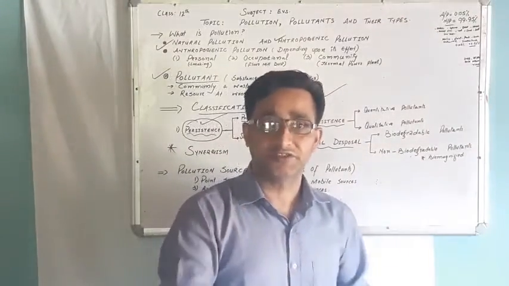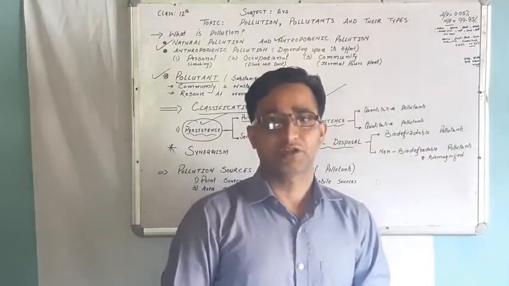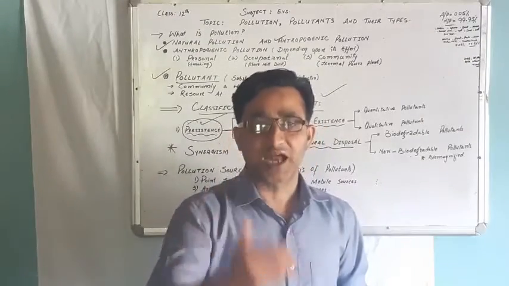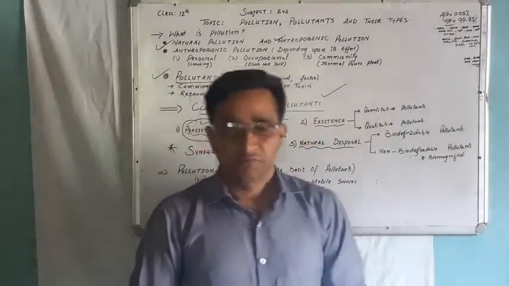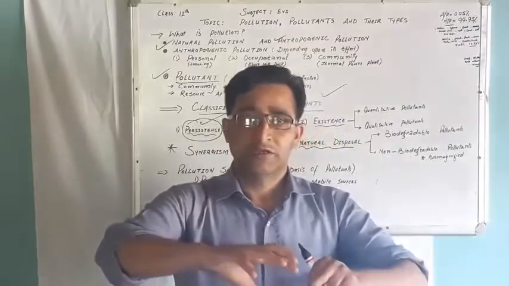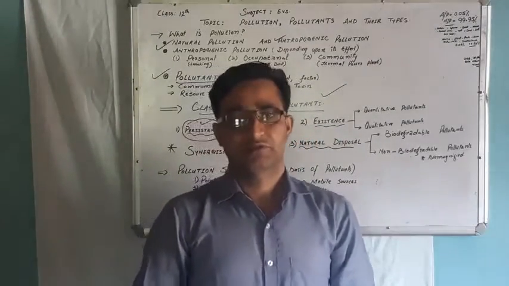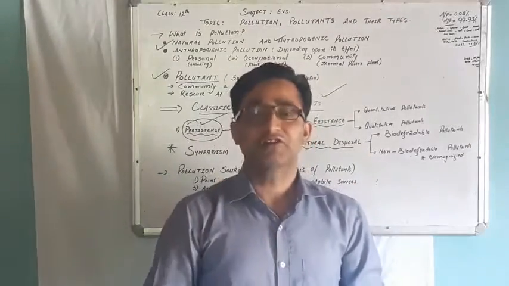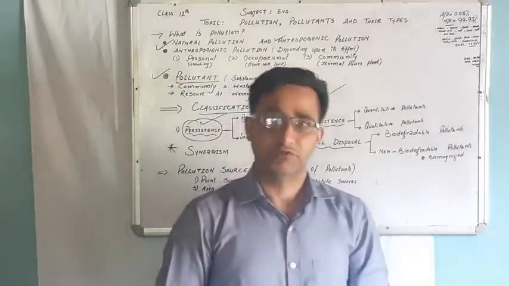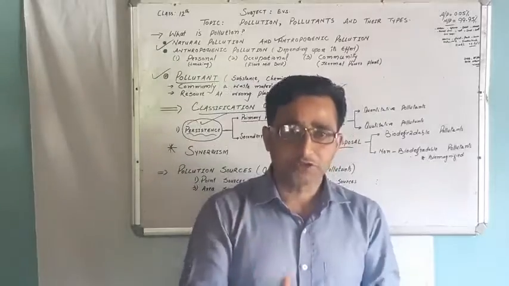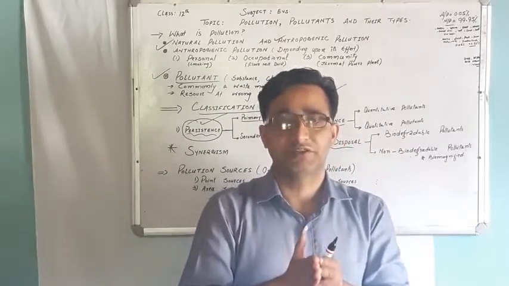ठीक है. So on the other hand, the second type of pollutants based upon persistence is the secondary pollutant. A secondary pollutant is that pollutant which is formed due to the interaction of the primary pollutants, which are formed due to the reaction between the primary pollutants. ये वो pollutants होते हैं जो primary pollutants से बनते हैं.